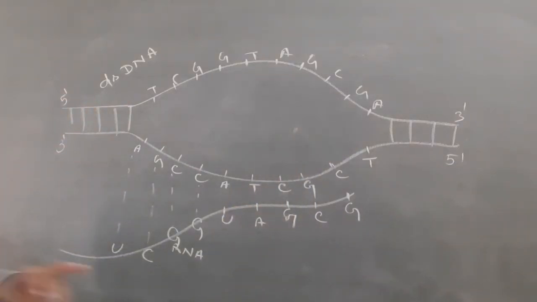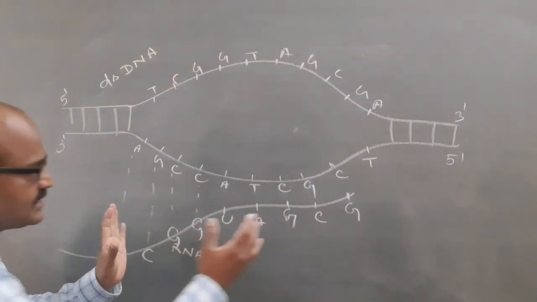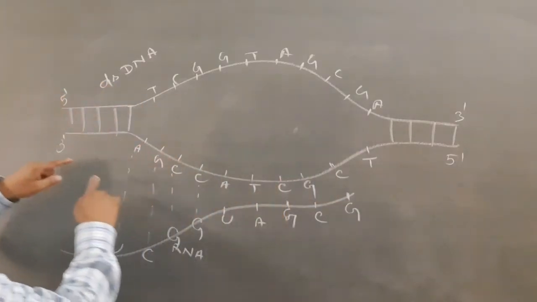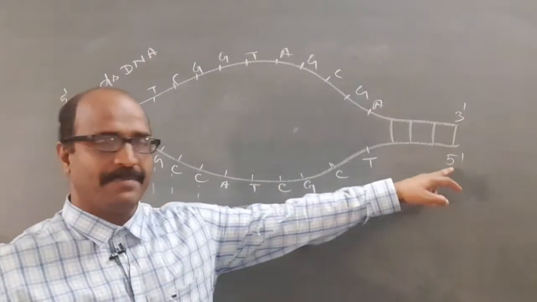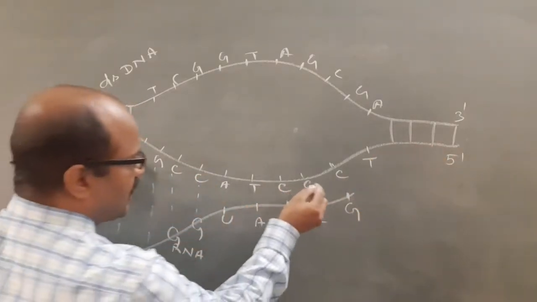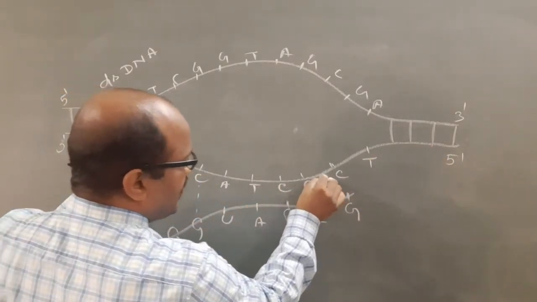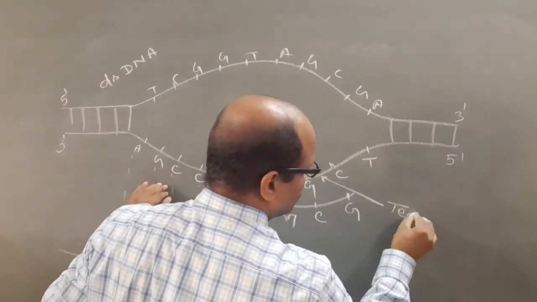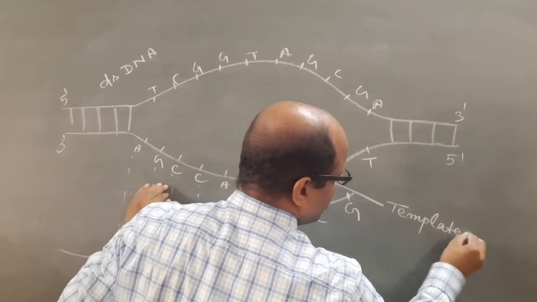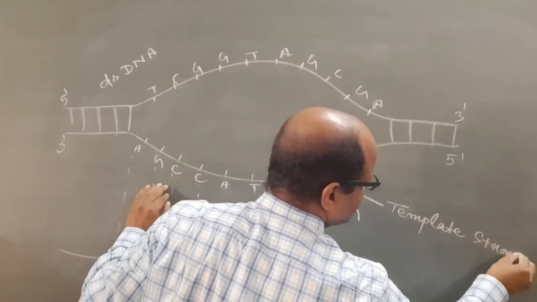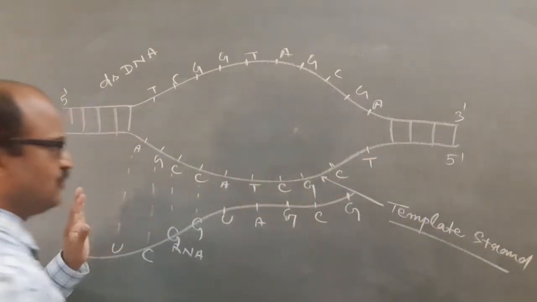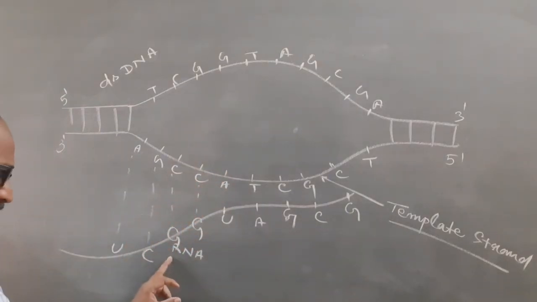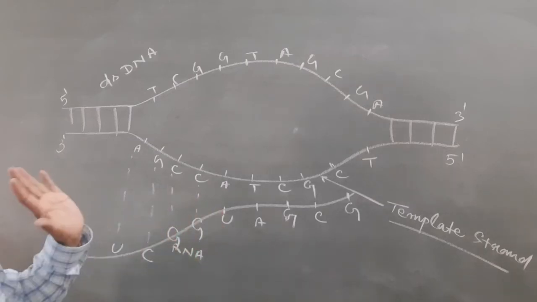Suppose this RNA strand is synthesized from this lower strand, and this lower strand's direction is 3' to 5'. Okay. So this lower strand acts as the template. That's why this strand is known as the template strand, the template DNA, on which transcription, or the synthesis of RNA, occurs.